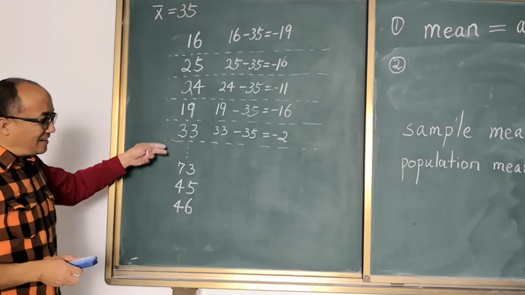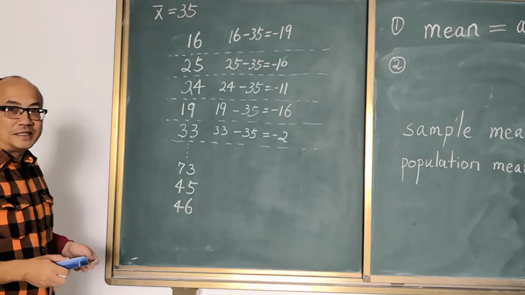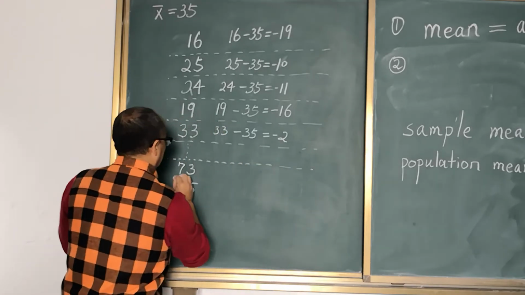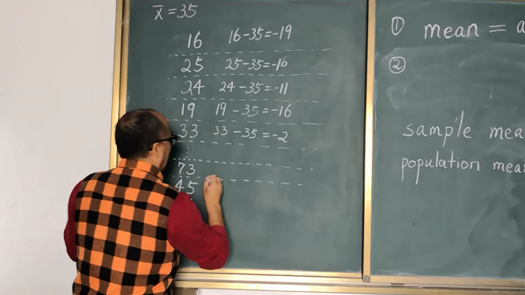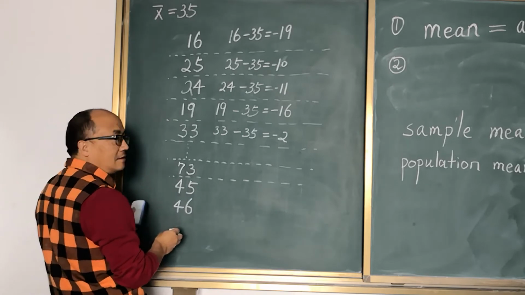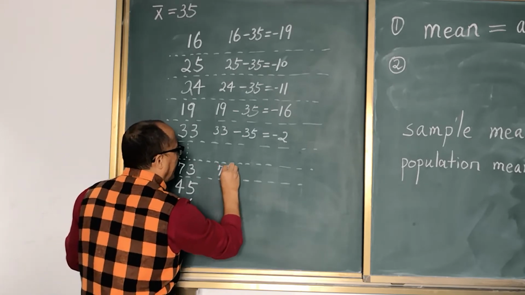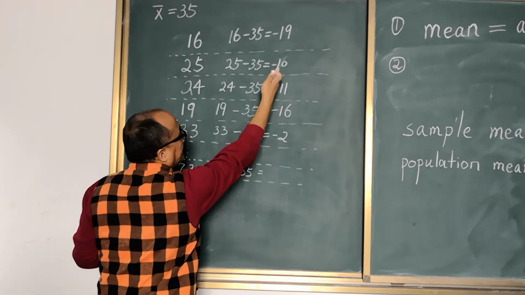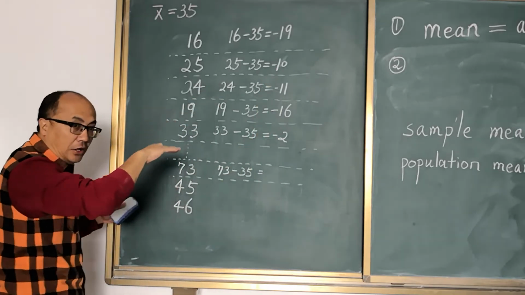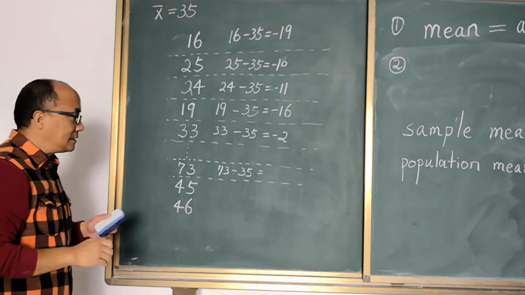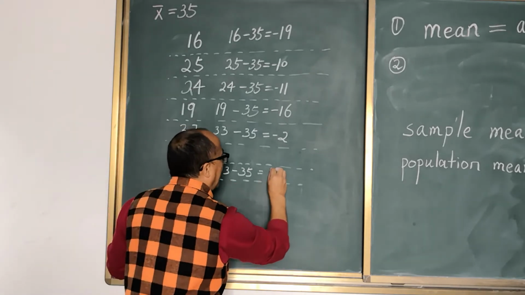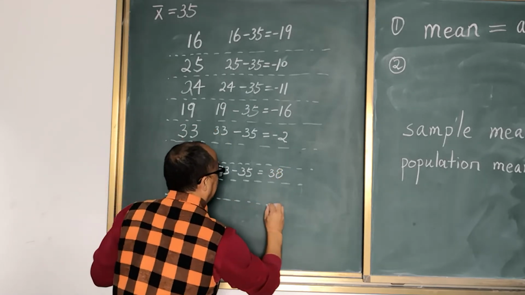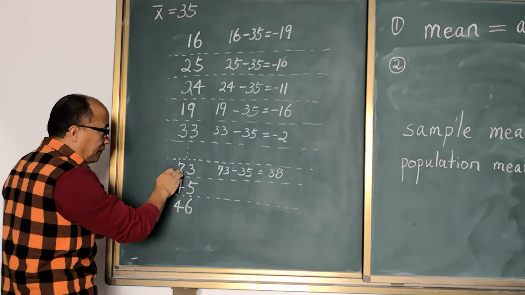I'm a little lazy, I don't do all the 22 seasons. How about this season? 33 minus 35. All these are negative, below his average performance. What's here? 38? Now this one is positive.